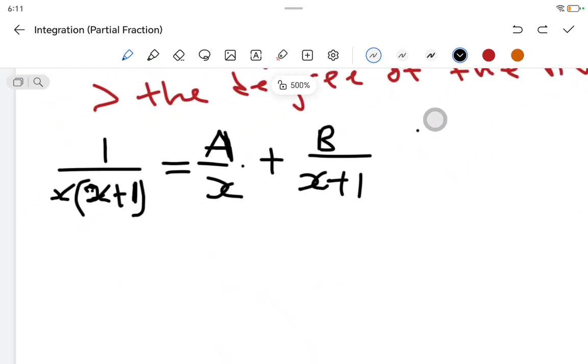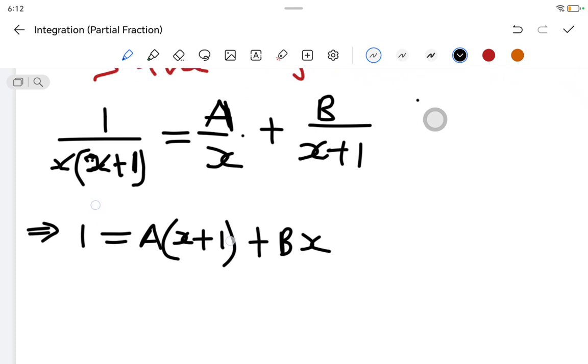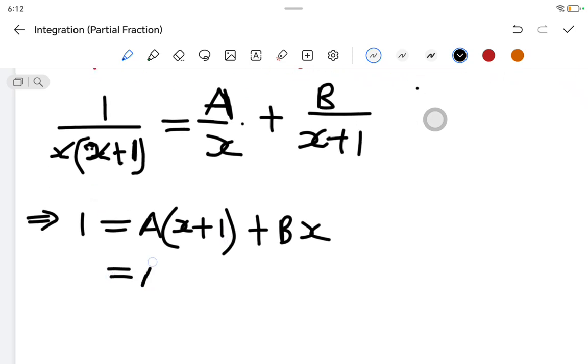So I'm going to multiply both sides by this. If I multiply both sides by that, this will imply that 1 is equal to, here the x will cancel out, I'll have a(x plus 1) plus, here I'll have bx, because the x plus 1 will cancel out. And then I'm going to simplify. This is going to be ax plus a plus bx.